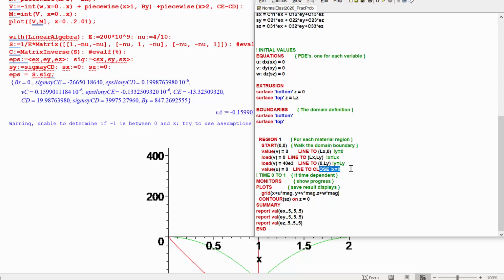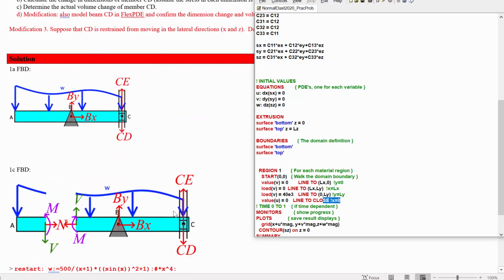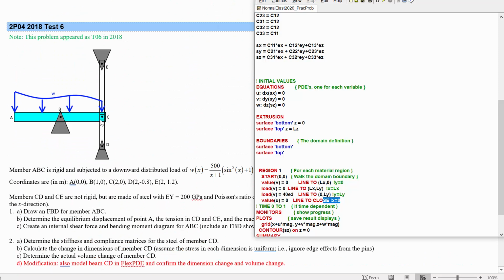And then along the x equals 0 surface, which is the left side of this, going back down along the left, we want to have no load in y again. Load V equals 0.